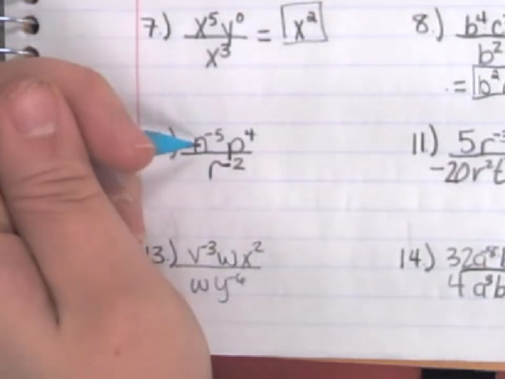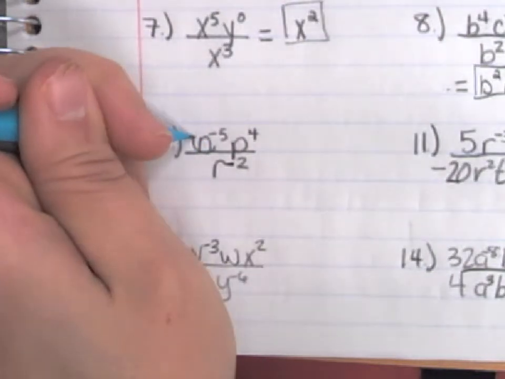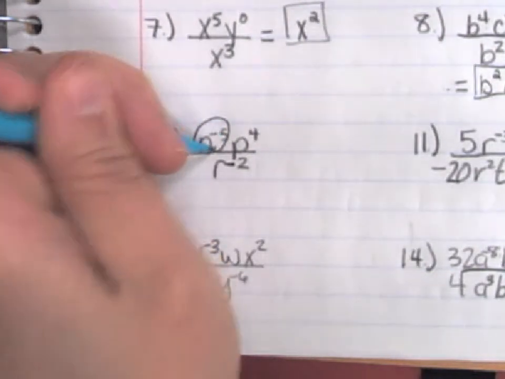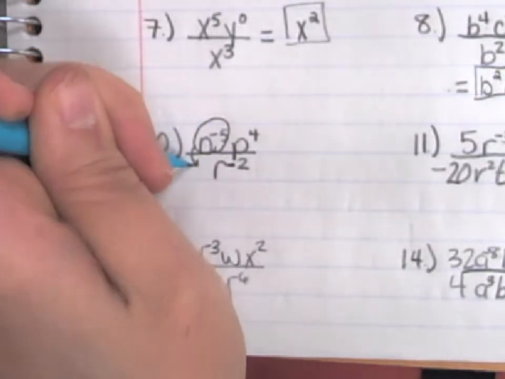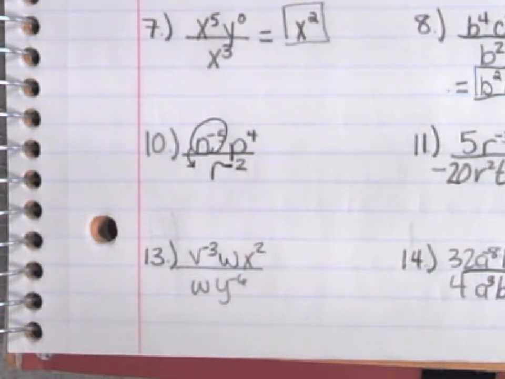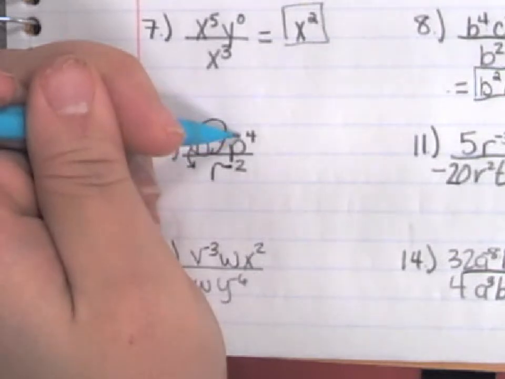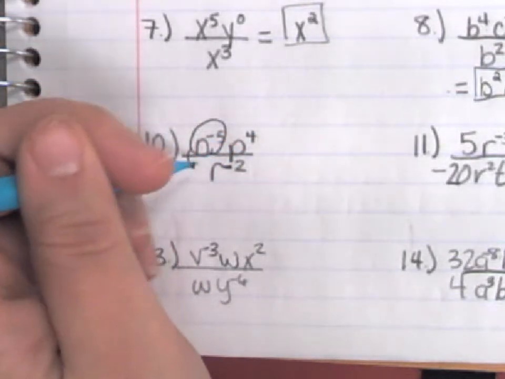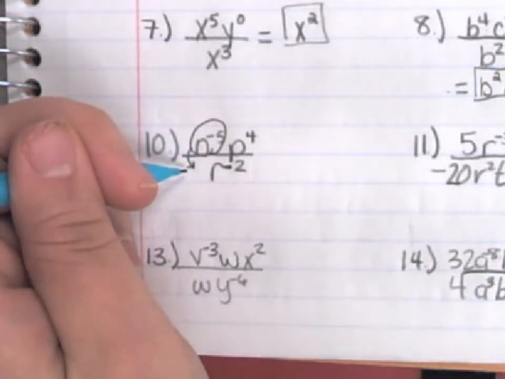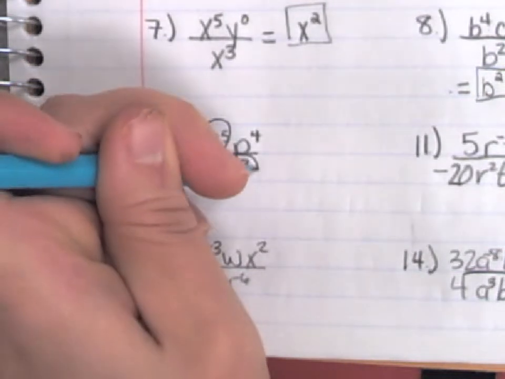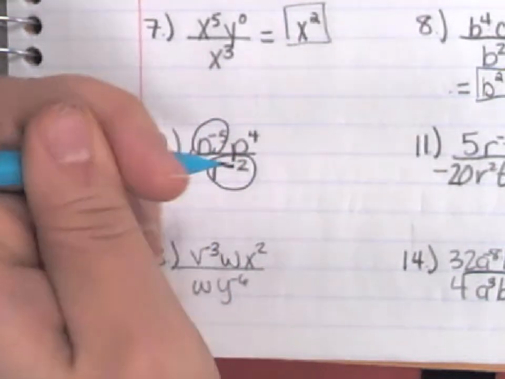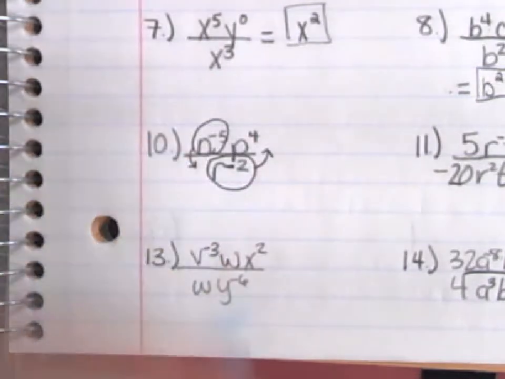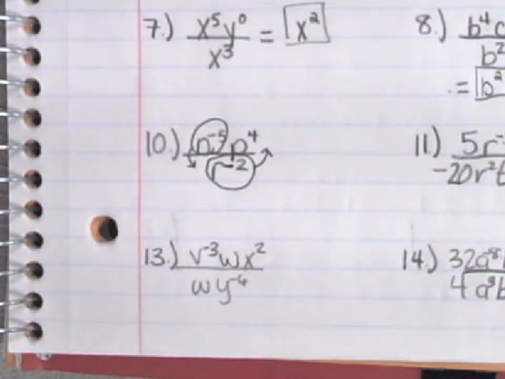So this is how I mark it. I go oh, this guy is negative, so I'm going to circle him. And he's on top, so I draw a little arrow and go, he needs to be down here. He needs to cross over. This p to the 4th, he's a beautiful, happy, positive guy. He's going to stay right there. Then I'm going to come down to the bottom, look at him and go, oh, this guy's negative 2, so I'm going to circle him. But since he's on the bottom, I'm going to draw an arrow that says, he needs to cross over, and he's going to be up top now.